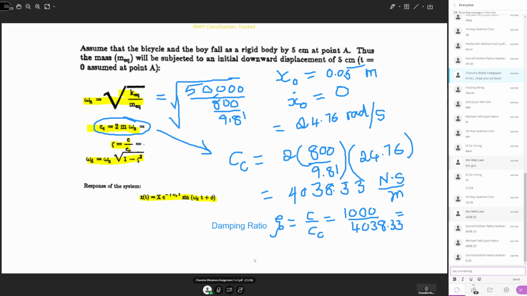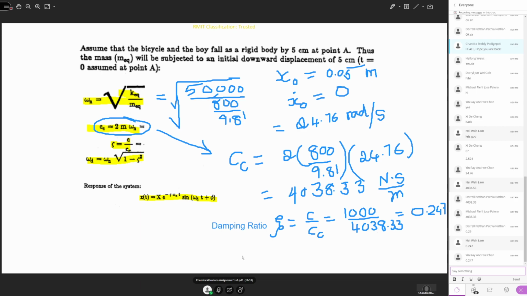Yes. Okay. 0.25 is acceptable, but 0.247 is more precise.